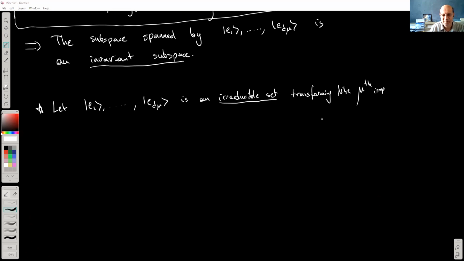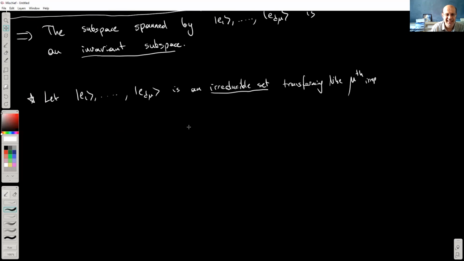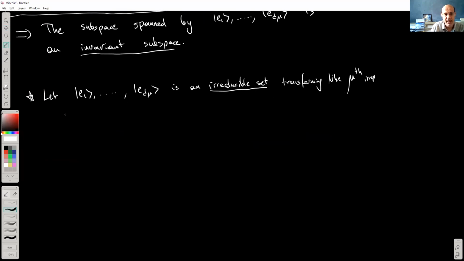And let F_1 dot dot dot F_d_nu be another irreducible set transforming like some other irreducible representation. They might be the same or they might be different from each other.